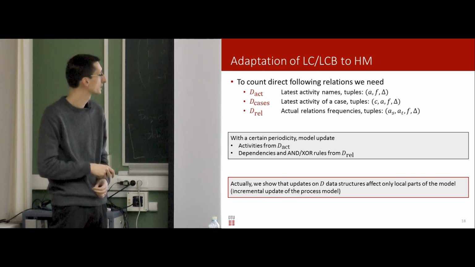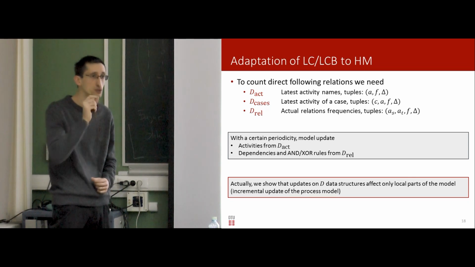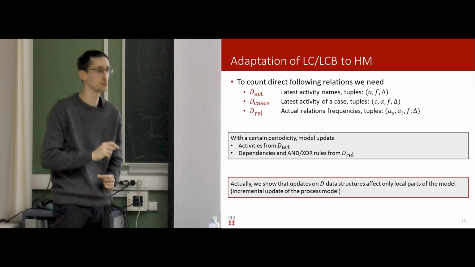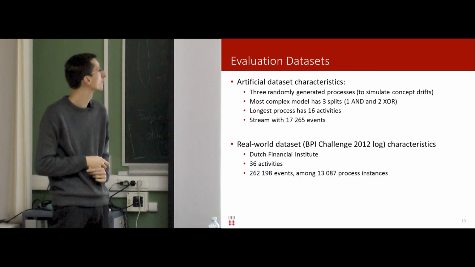Yeah, here there's actually one more point. Every time we update the model, we're going to update just a local part of the model. But there are implications of that which we cannot ignore right now.